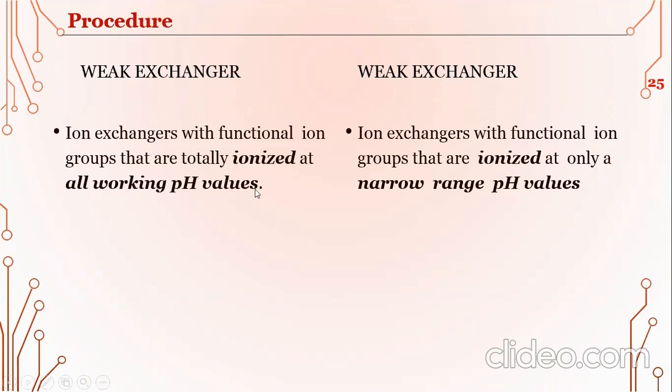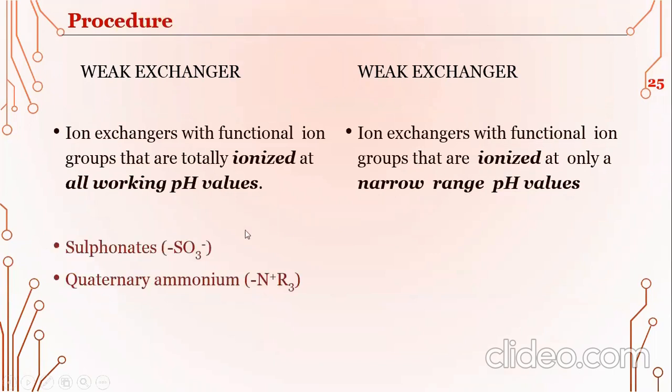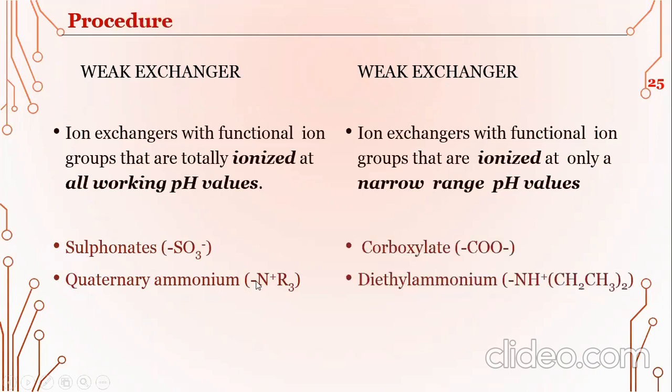So there will be strong exchangers, and the ion exchanger with functional ion groups that are ionized only at a narrow range of pH values. So there could be sulfonates, quaternary ammonium. So they are strong exchangers. And for weak exchangers, they are carboxylate, diethyl ammonium. They are weak exchangers. ठीक है?